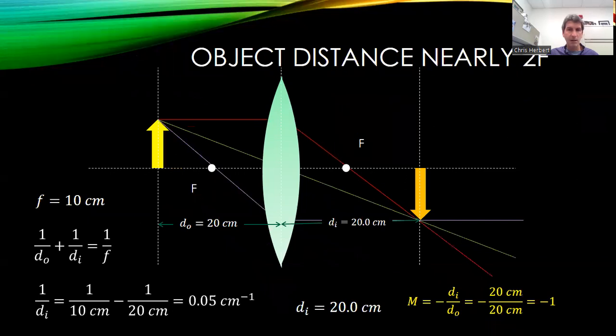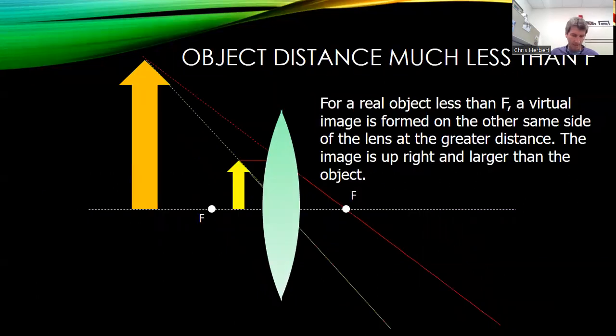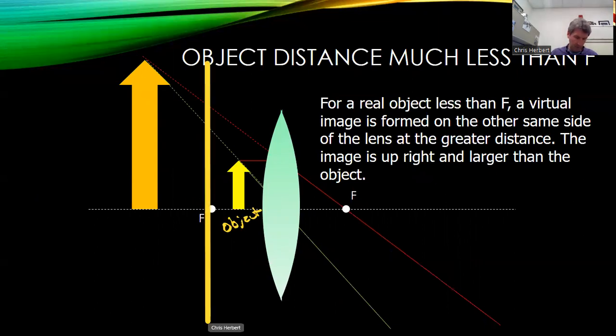Getting closer than F, now be very careful here, because now here's the object. The image will now flip to the other side. What we see here is the image is flipped to the other side, but it's also become virtual. So basically, when we look at this, okay, here's the focal point right here.